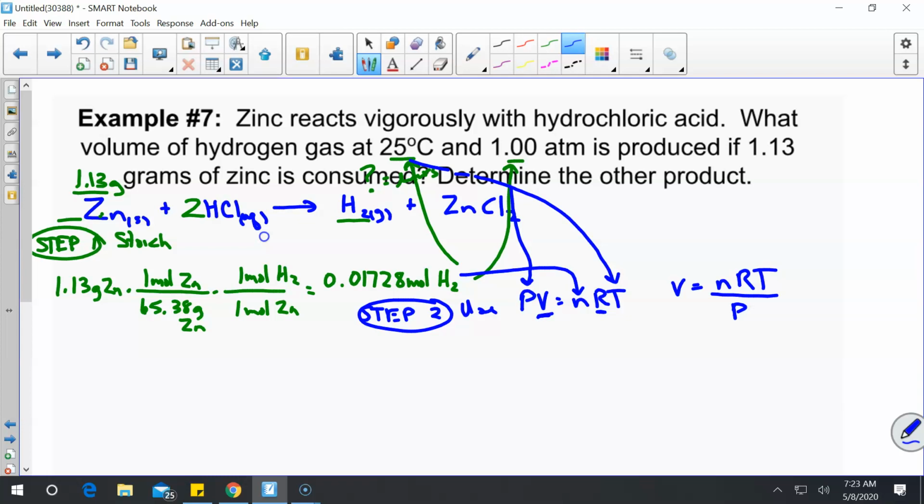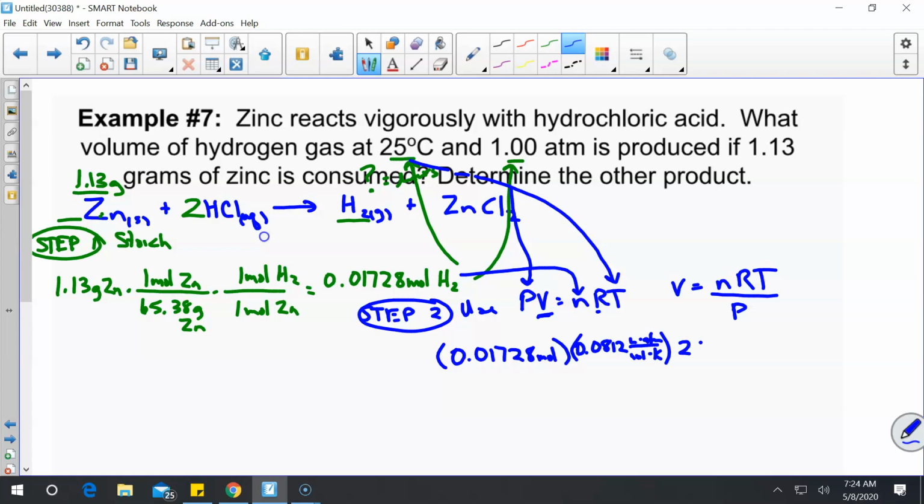So if I put in my values, my moles for the hydrogen is 0.01728 times R, 0.0182, no, it's 0.0821. And then the temperature is at 25 plus 273.